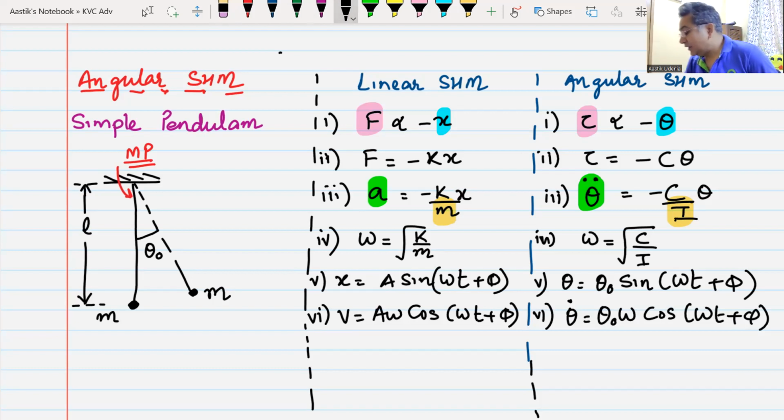This is v in terms of time. I can also write v in terms of omega into root over a square minus x square. Similarly, here also I can write the same thing. What will be the formula here?